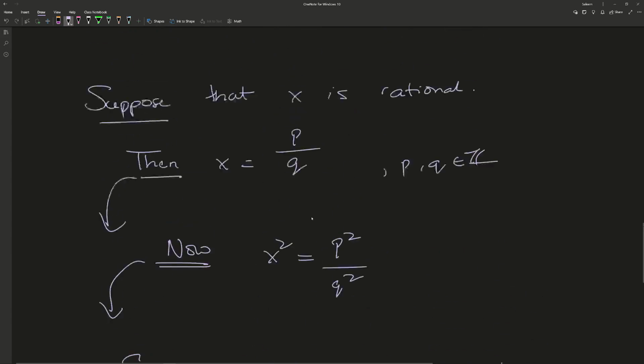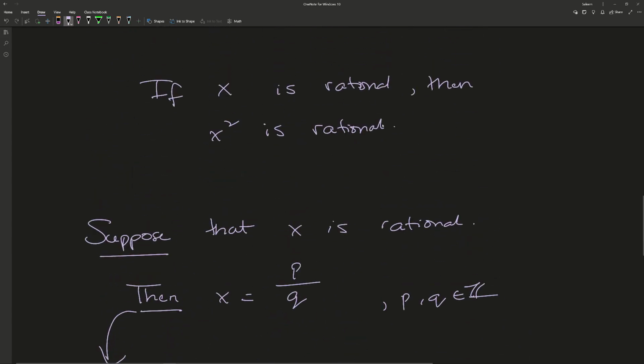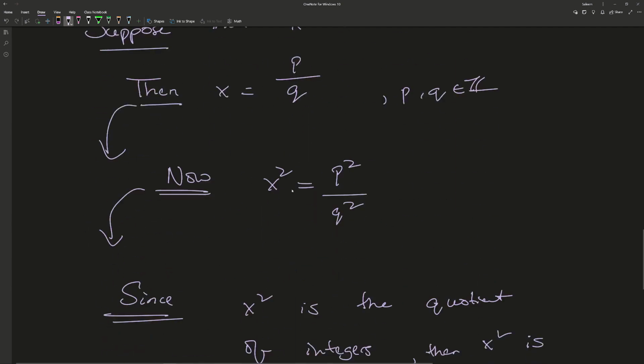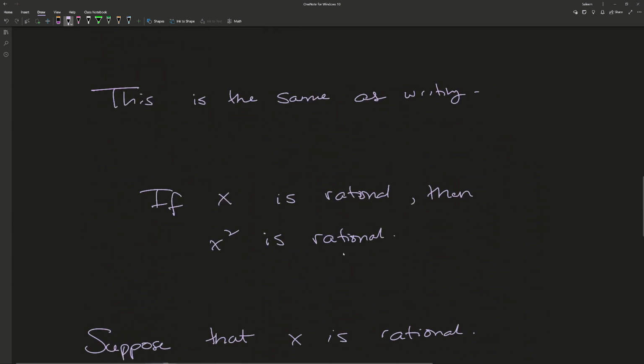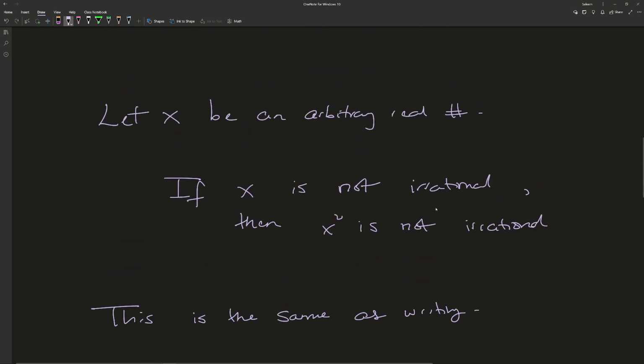So what do we want to show? We wanted to show that x squared is rational. We started with x rational, and we proved x squared is rational. That's what we have shown here. There is nothing left to prove because this is the contrapositive of the statement.